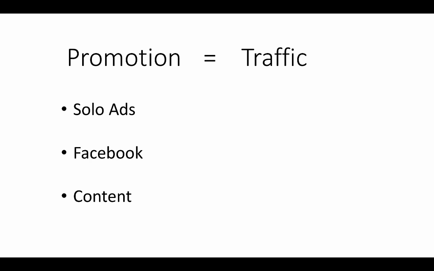For a fee, they will allow you to get your offer promoted to their mailing list, which is totally amazing, right? Because you don't have to build your list on your own, and they promote for you to their list. That's how solo ads advertising works.